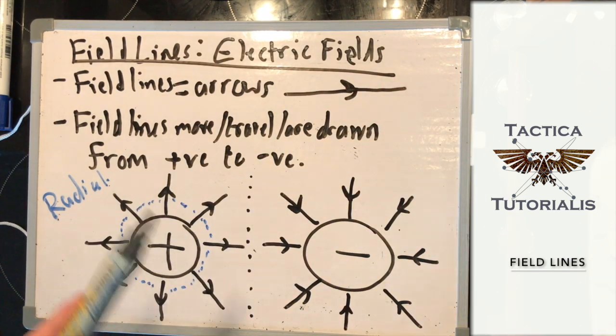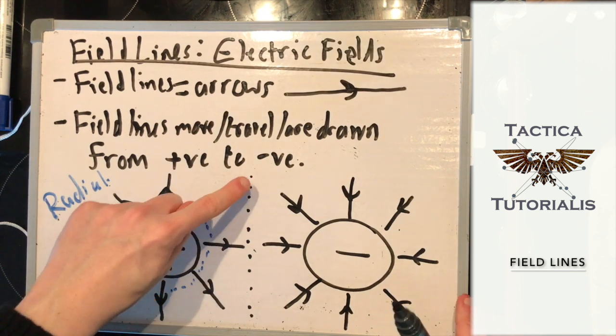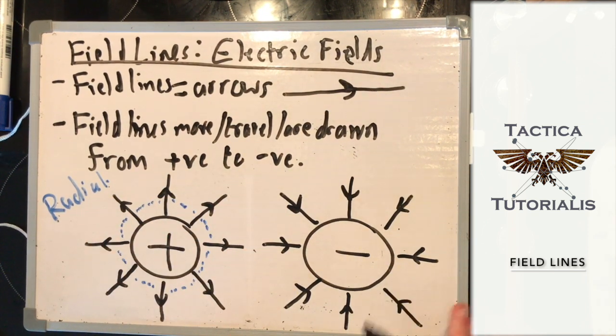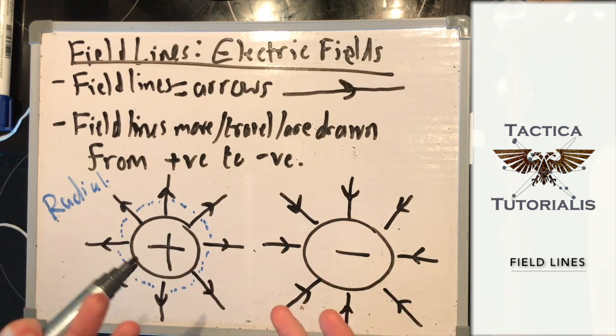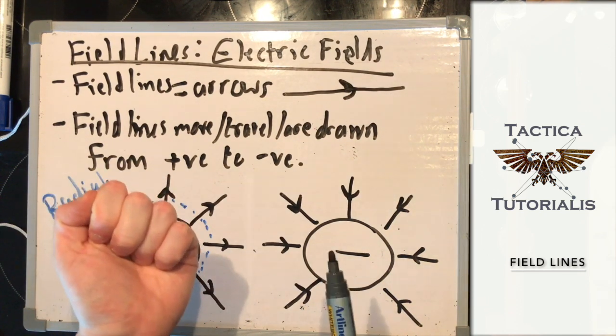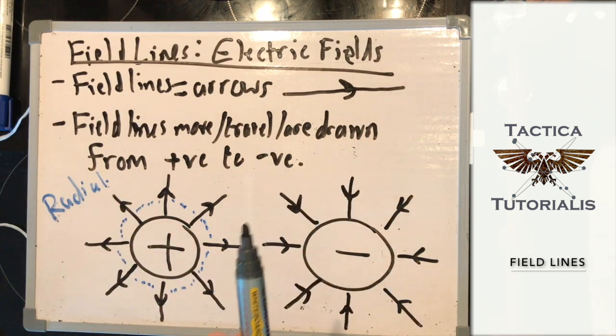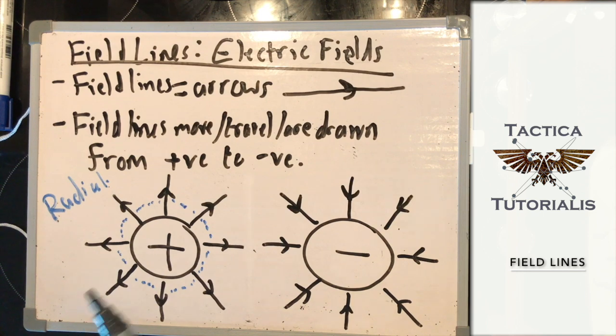Now, here's where things get a little bit clever. What happens if I have a positive and a negative charge together? So if I have a proton and an electron sat next to each other, what would the field lines between the two of them look like?